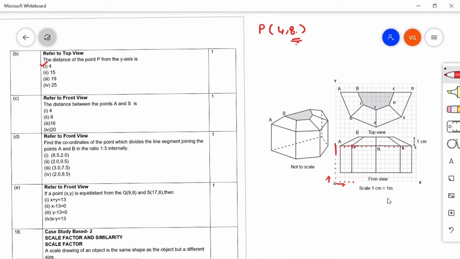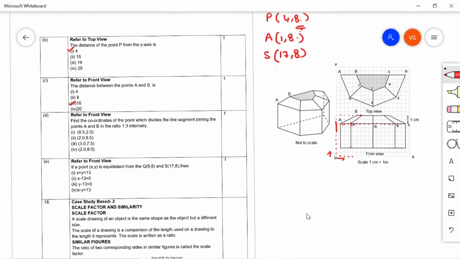So totally you have 16. So the answer is option 3. From point A to point S, you have a distance of 16. Otherwise you mark down point A as 1, 8 and point S as 17, 8. So 17 minus 1 is also 16. Like that also you can do this problem.